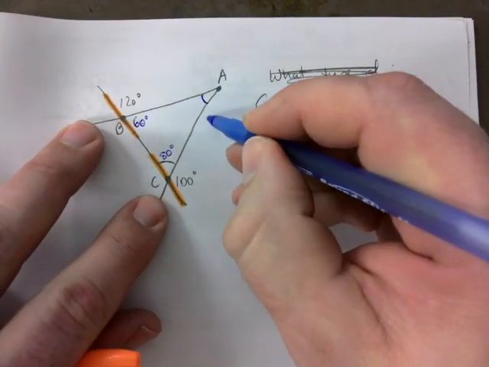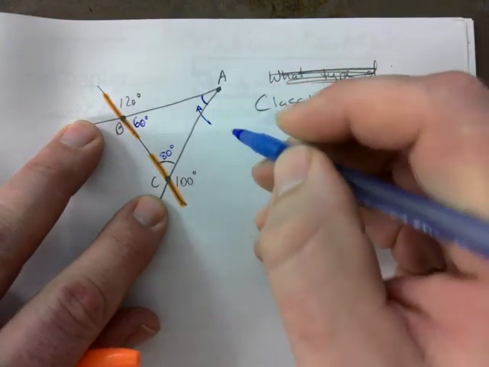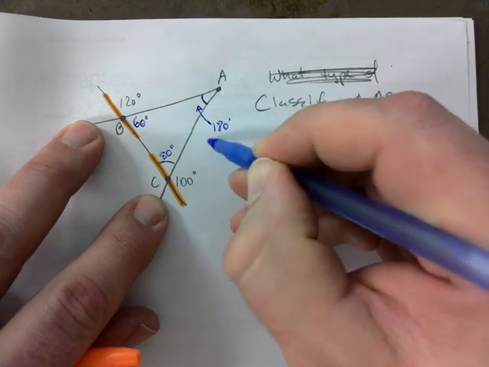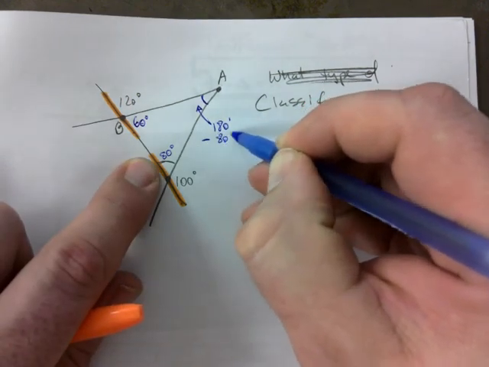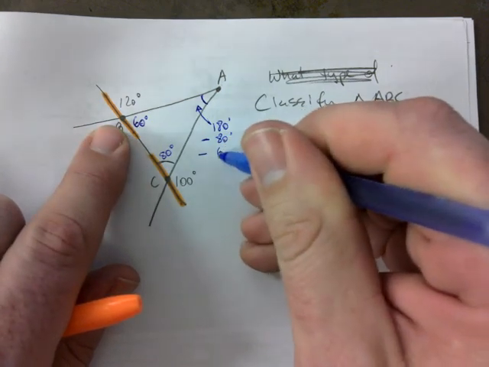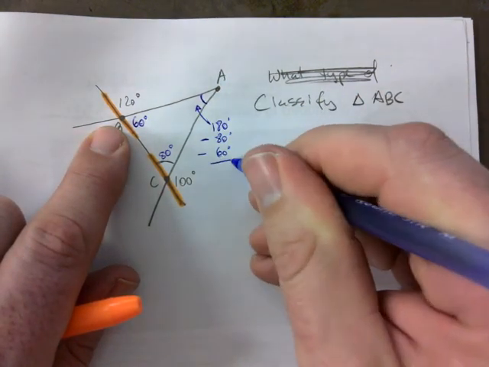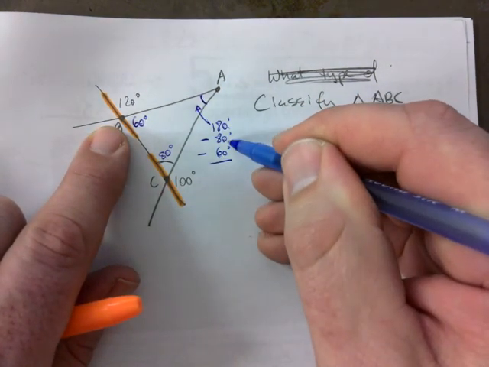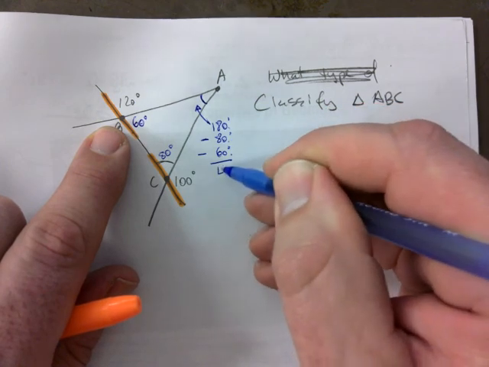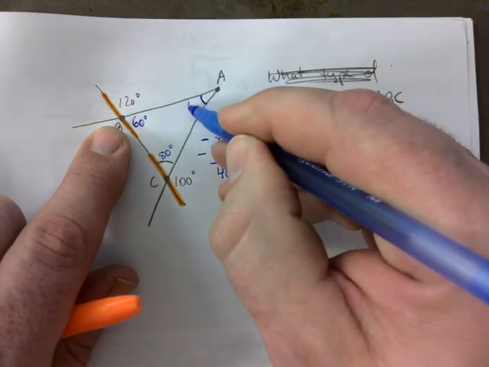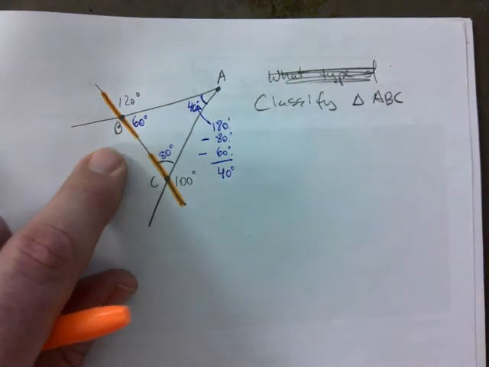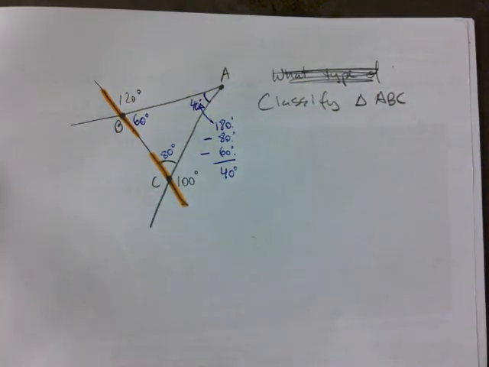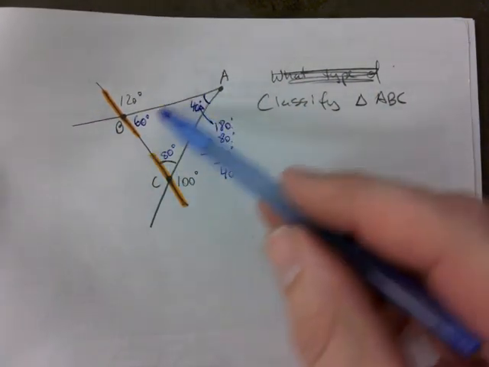Okay, so that angle right there is going to be 180 minus this 80 here, minus 60. 180 minus 80 is 100, minus 60 is 40. So this is now 40 degrees. You now have everything you need to classify that.